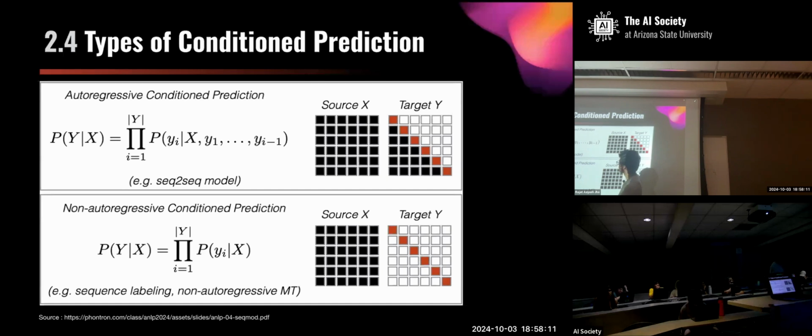Then there is non-autoregressive conditioned prediction. One example is sequence labeling, like part of speech tagging, where you are given the sentence and you are predicting the part of speech for each word.